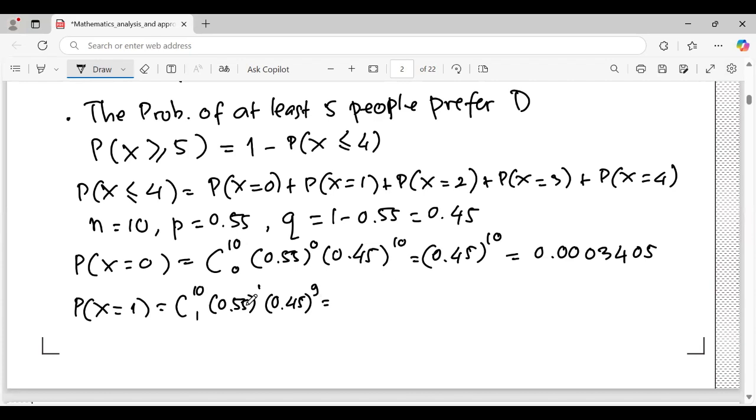If you calculate, the combination 10 and 1 is 10. 10 multiplied by 0.55, times 0.45 power 9 is 0.0007566, and the result is 0.0041617.